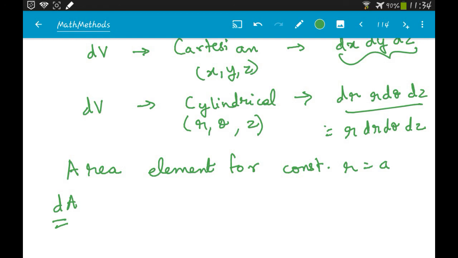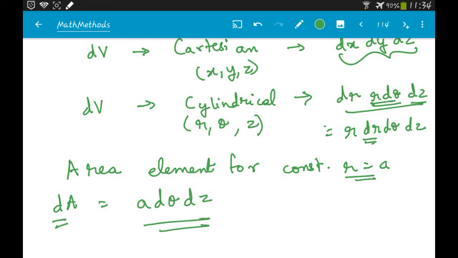That's when you will get area for a three-dimensional system. So let's assume that r is constant. Then dr will not be changing, because r is constant. So only the d theta part and dz part will change. So you will have r d theta and dz, so you are going to get a d theta dz. This is going to be your area element.